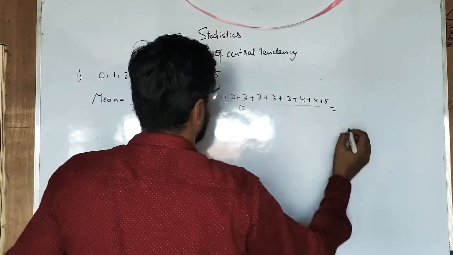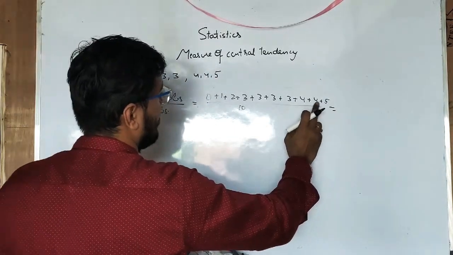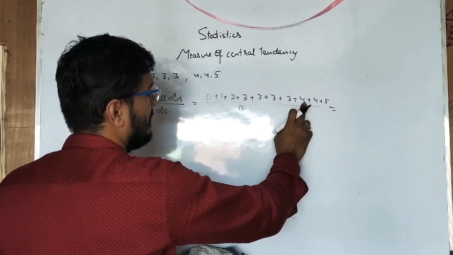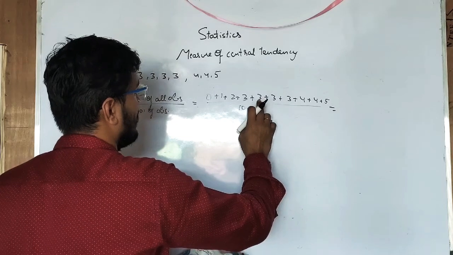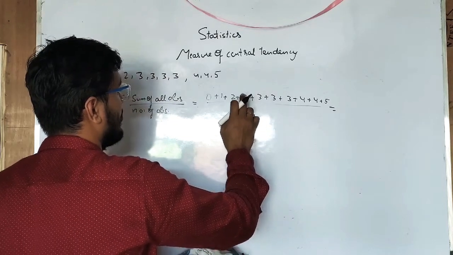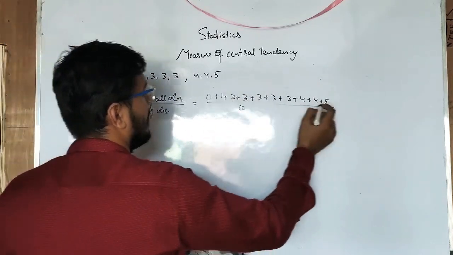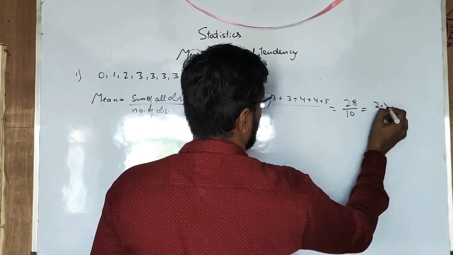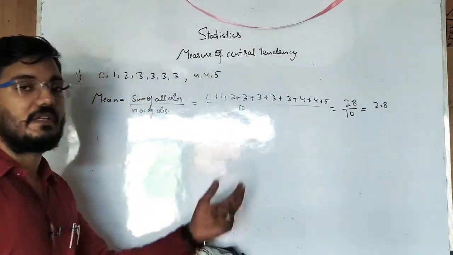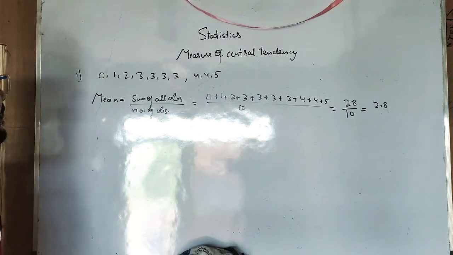Adding up gives 28. 28 divided by 10 is 2.8. So mean is 2.8.